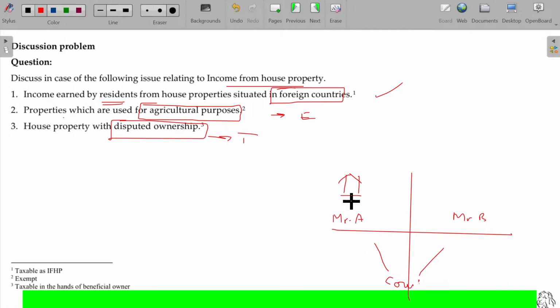Currently, Mr. A possesses and lets out the property to Mr. X, and Mr. X gives the rent to Mr. A. Now, who has to pay the tax? Until the dispute is settled, the benefits are currently enjoyed by Mr. A only, so he has to pay the tax on this. So in case of disputed ownership, only the person who is enjoying the benefit, called the beneficial owner or deemed owner, pays. That we'll study under section 27, the last one. Taxable in the hands of the beneficial owner. Clear?